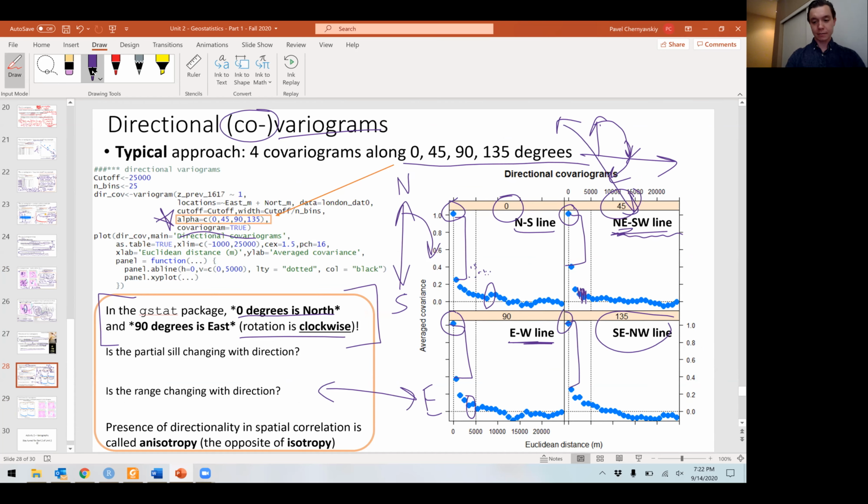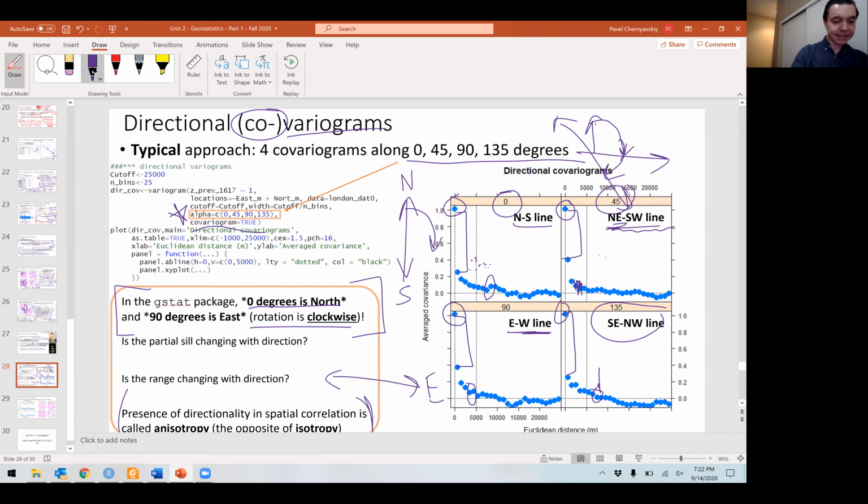By the way, this is as good a time as any to define the concept called anisotropy. And anisotropy is the lack of isotropy. Isotropy is when spatial correlation does not depend on direction.